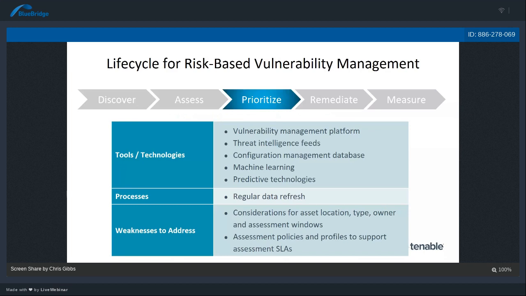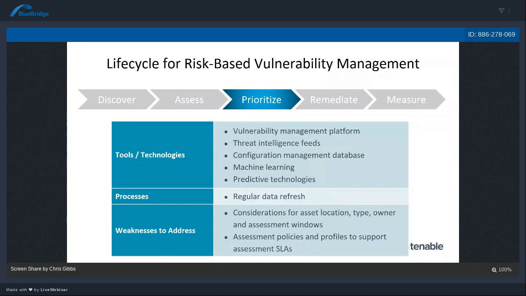And CVSS scoring is good, nothing wrong with it, but it's very static. It doesn't change particularly. So something that was critical a year ago may not be critical now, but you're going to be told by CVSS this is critical. We can identify that in the platform. But it's not just vulnerability criticality that we have to think about. You need to think about business criticality as well.